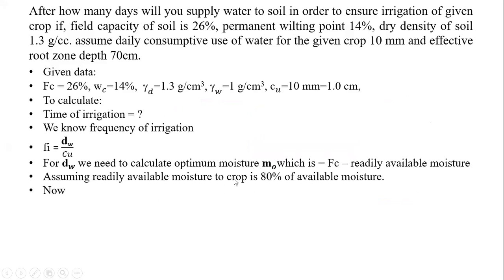Next, firstly we'll go for the available moisture, which is equal to field capacity minus wilting coefficient.